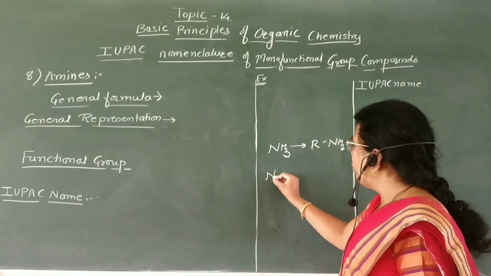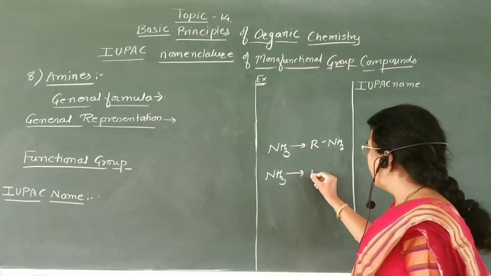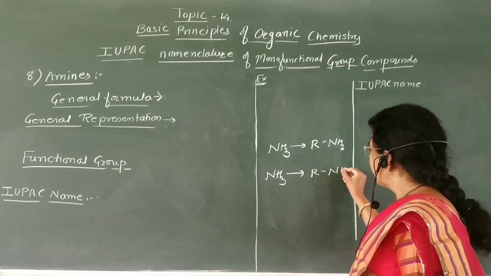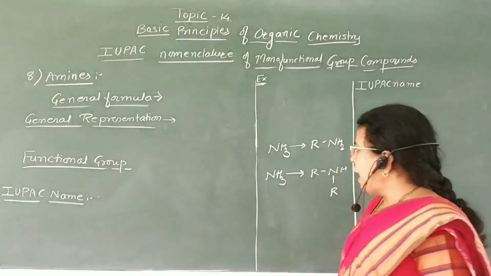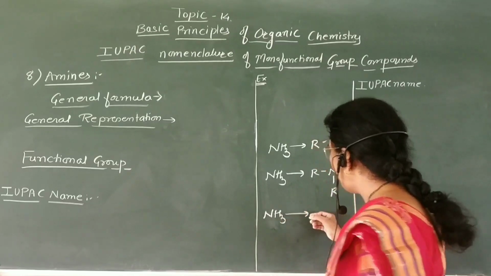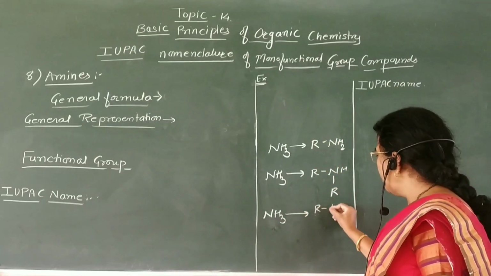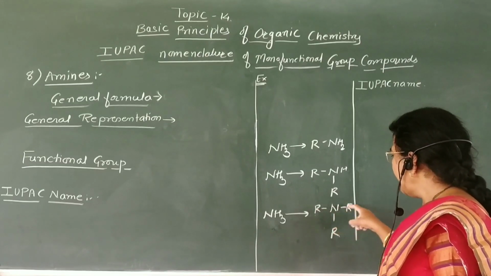If two hydrogen atoms from ammonia are replaced by two alkyl groups, then it becomes R2NH. And if all three hydrogen atoms from ammonia are replaced by three alkyl groups, then it becomes R3N.